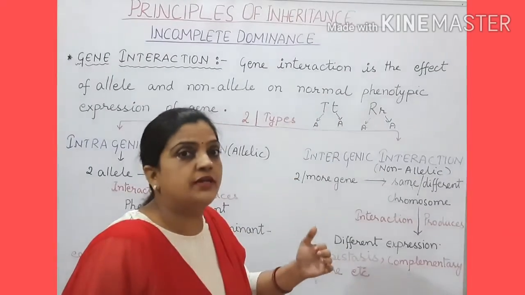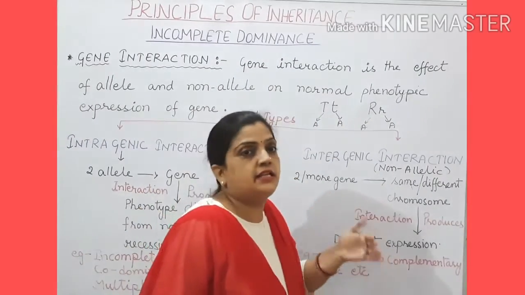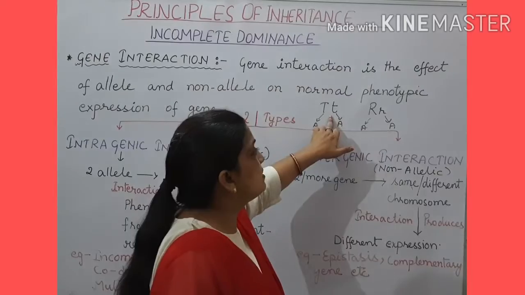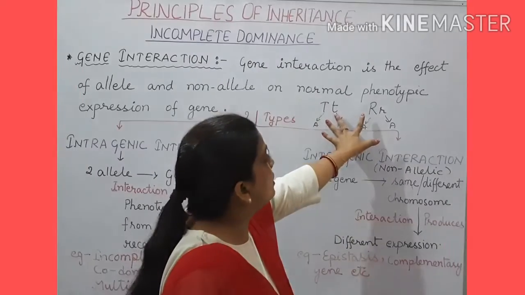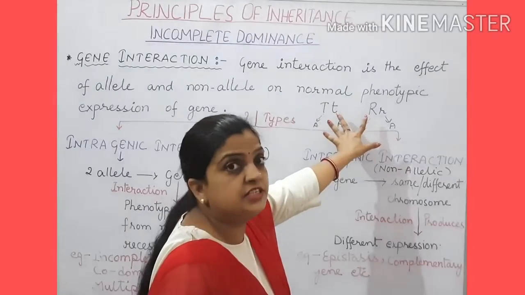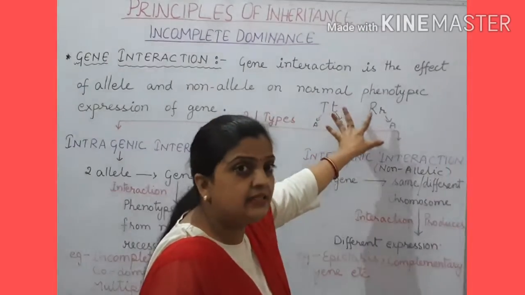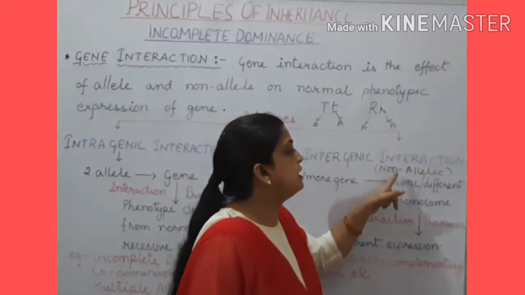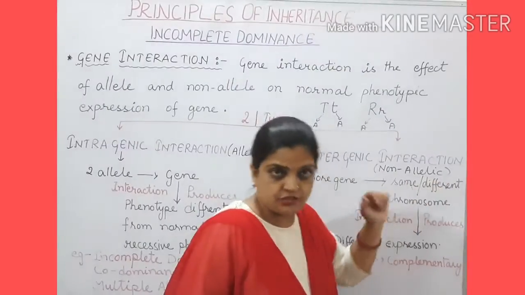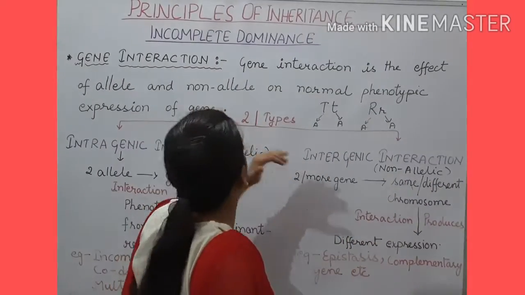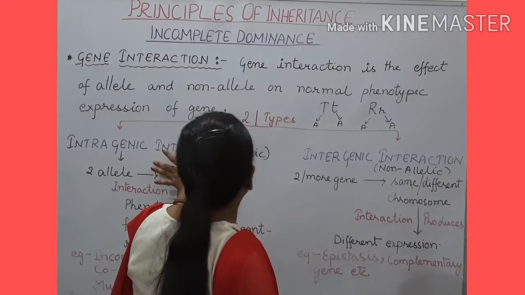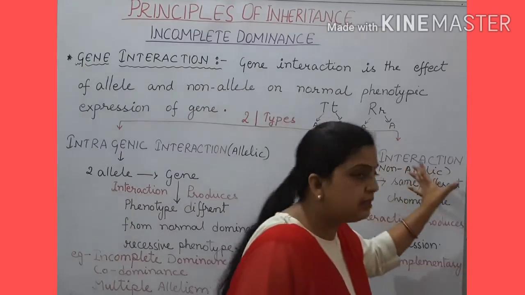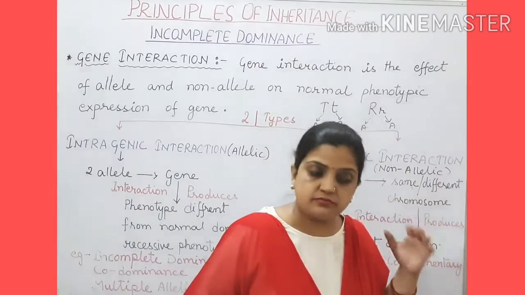And when I am talking about intergenic, it means it is round and it is height. So I am talking about these two different genes. So this is intergenic and it can be called non-allelic interaction. So on this basis, gene interaction is classified into intragenic interaction and intergenic interaction.